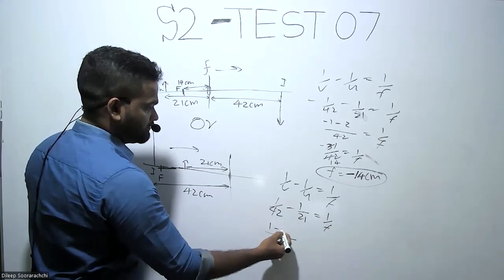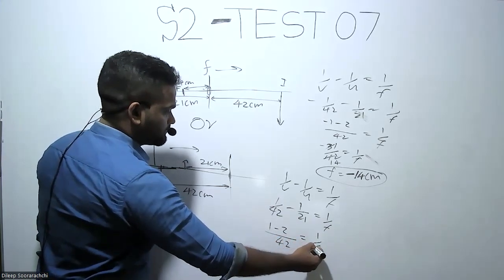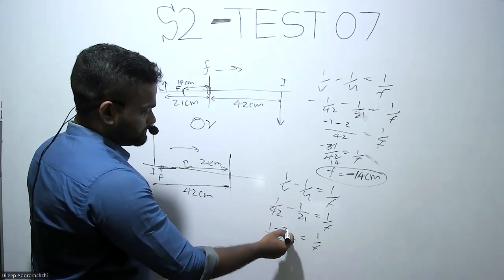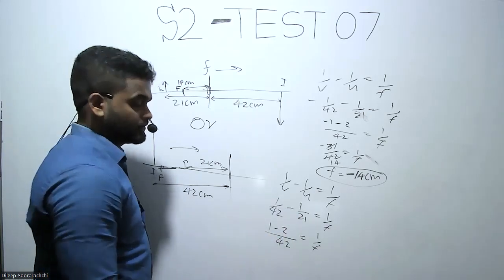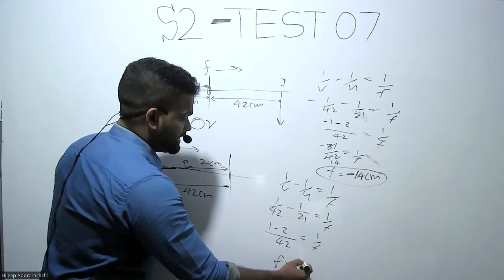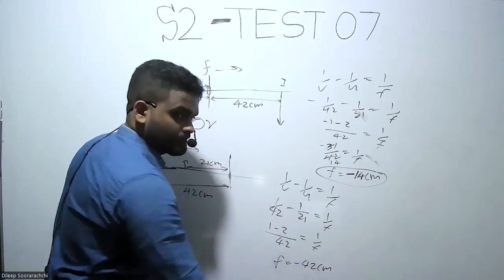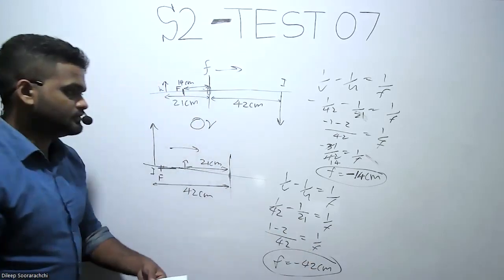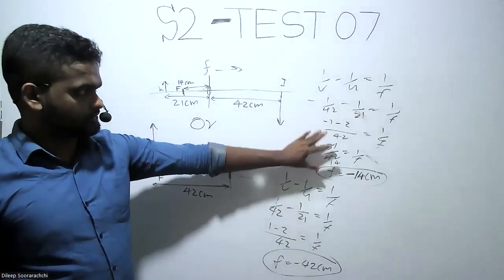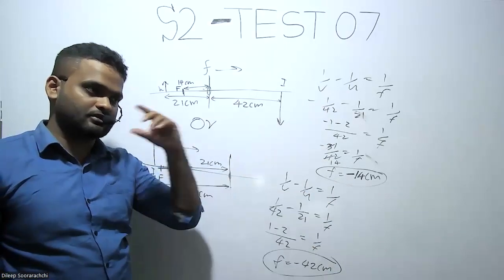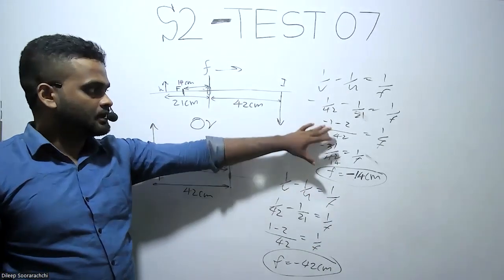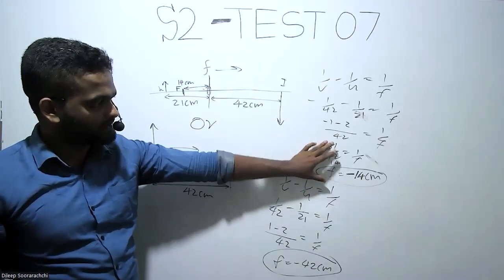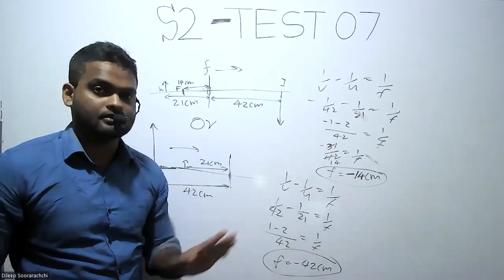With 42 as the denominator, 1 minus 2 equals 1 over f. So this is minus 1 divided by 42. So the focal length should be minus 42. So we have 2 values for the focal length. Both are correct, right? According to the data given, the focal length can be minus 14 or minus 42.